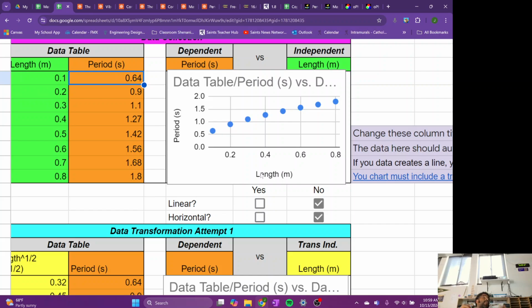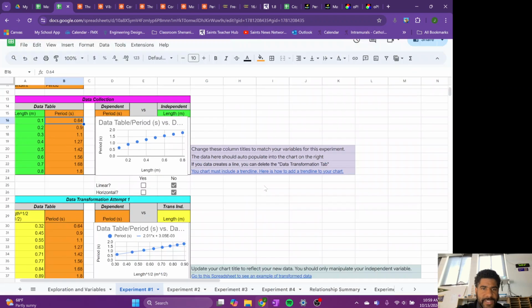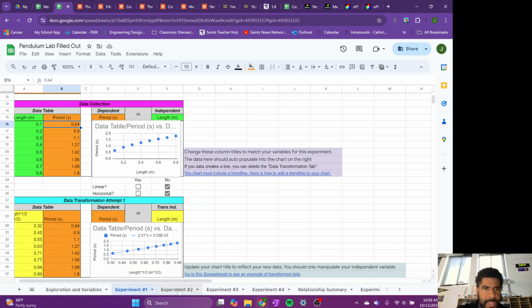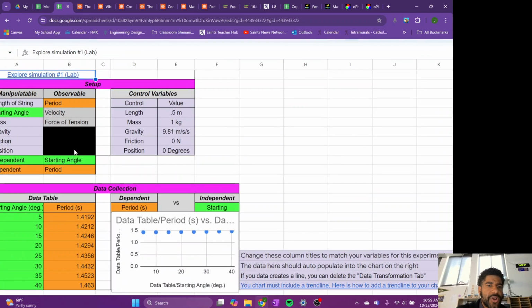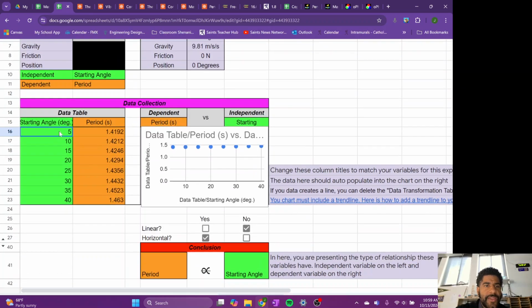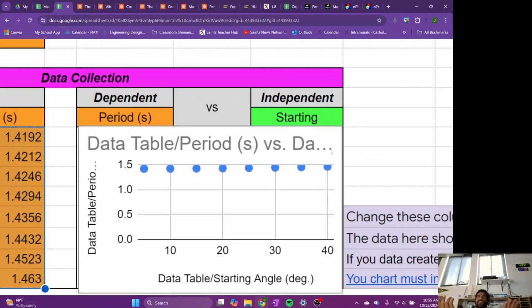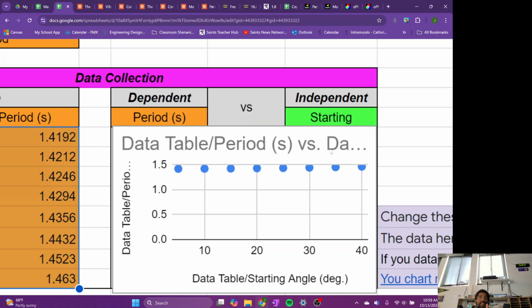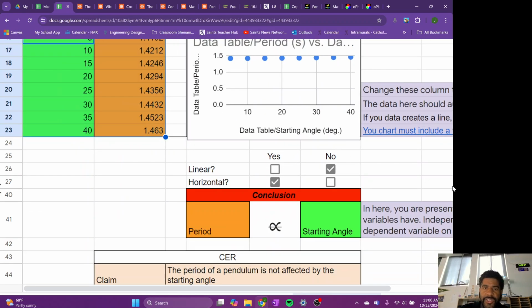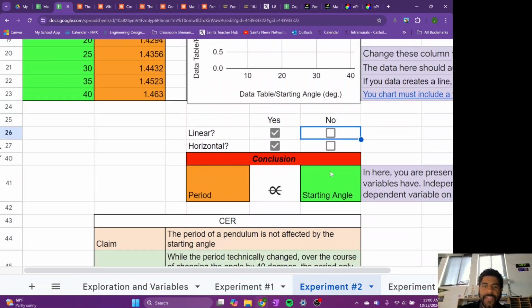That means that no matter what I set the length of the string to, for instance, in experiment 2, the starting angle, when I list all these different data points out, we pretty much have a horizontal line showing me that there is no strong relationship between my independent and my dependent variable. So that's if I have it, it's not quite linear. It could be linear. That's fine.